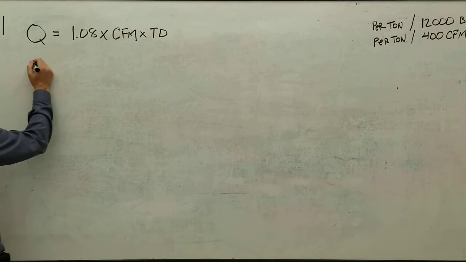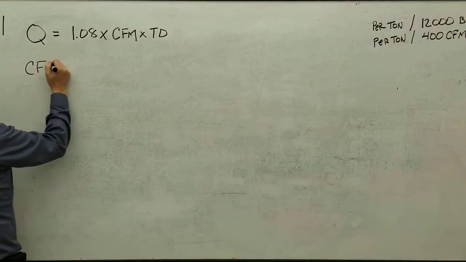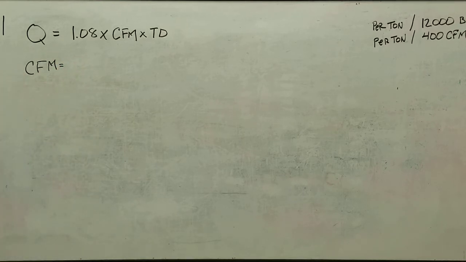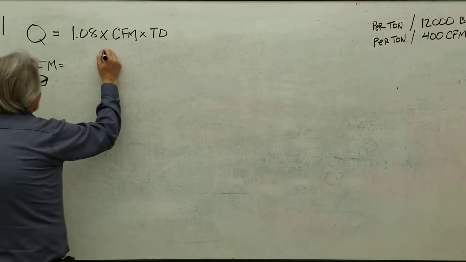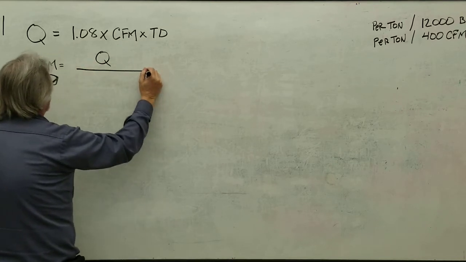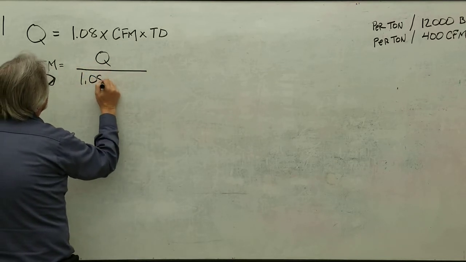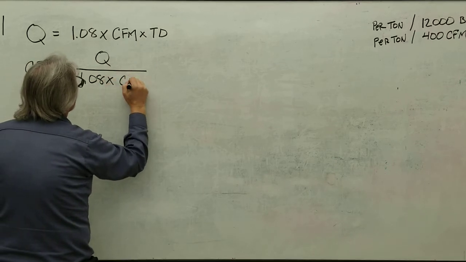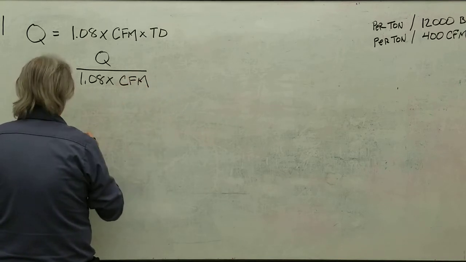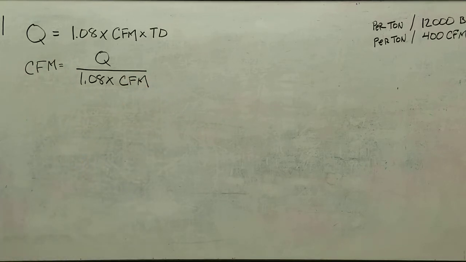This formula, CFM is gonna equal total heat, Q, divided by 1.08 times the total temperature difference, TD. Let me correct that. Let me turn my smart board on and delete that.